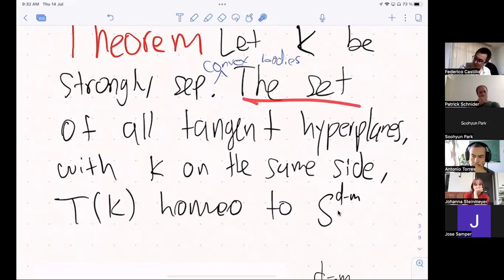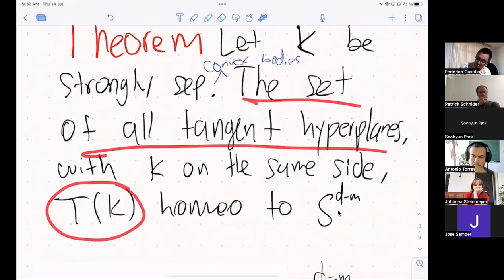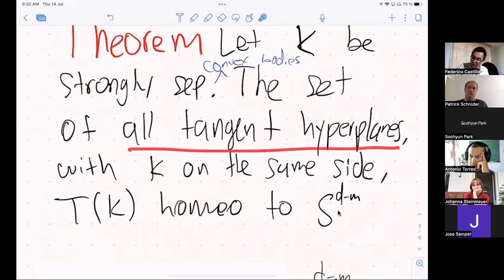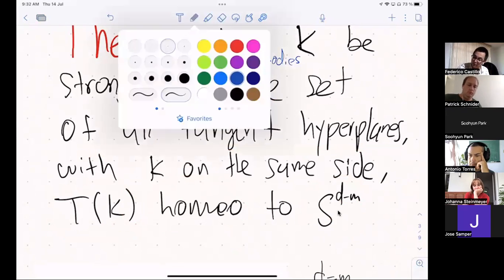And this set, which we are going to denote T_K, so tangents to the family K, is homeomorphic to a sphere, and this sphere will be S^(D minus M). So the space of all tangent hyperplanes lives inside the space of all affine hyperplanes, which don't have to go through the origin.